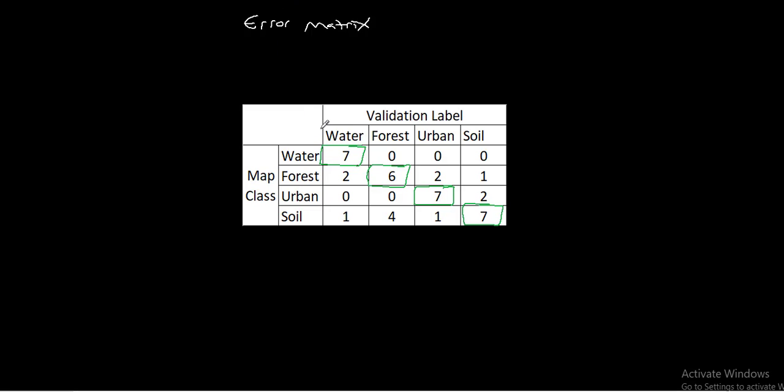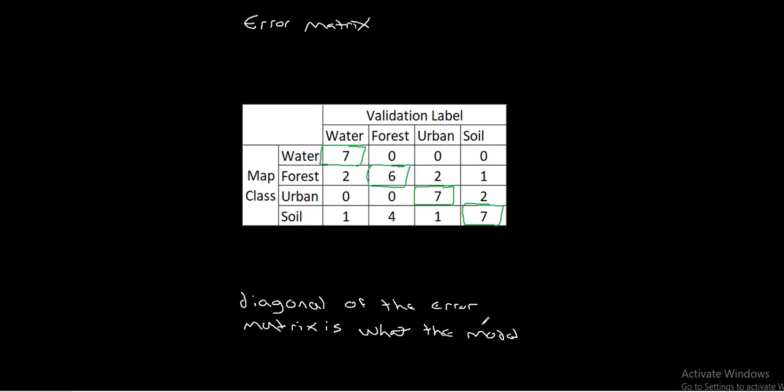The diagonal of the error matrix is what the model got right, right?